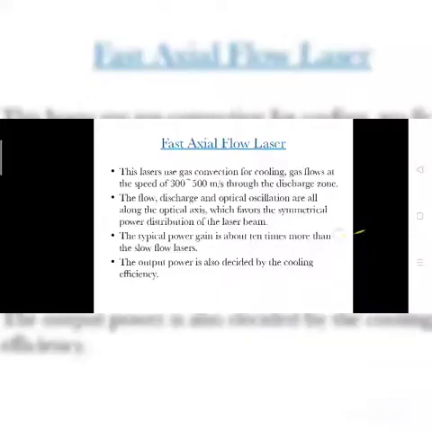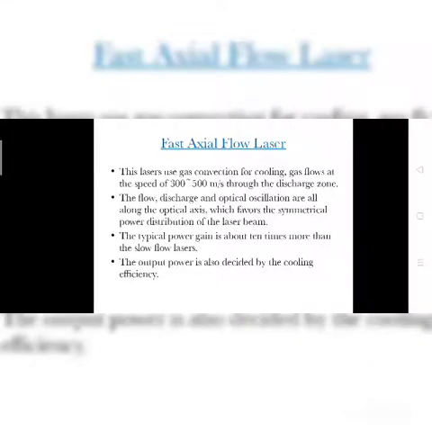But if the temperature is too high, they cannot reach the ground state. So we need to cool the slow flow laser, and the cooling is through the wall capacity. The flow is typically about 1 meter per minute, or coolant flow is about 7 liters per minute at room temperature.